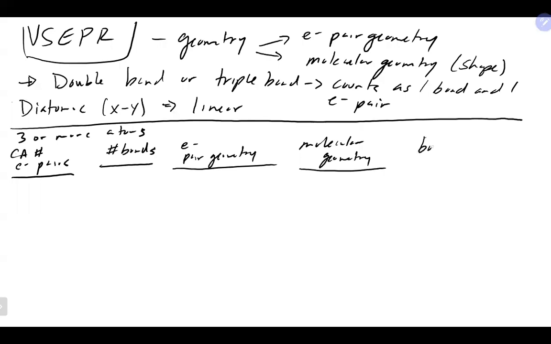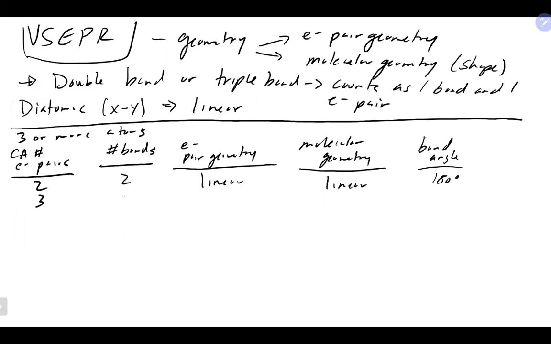There are also bond angles happening as well. So if you have 2 electron pairs and 2 bonds, that is linear for both the electron pair geometry and the molecular geometry, and it has a bond angle of 180 degrees.